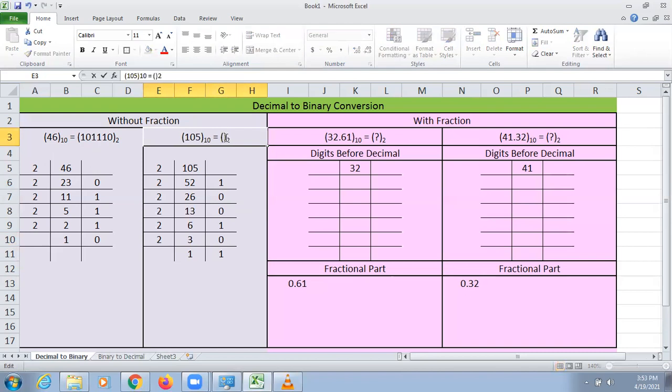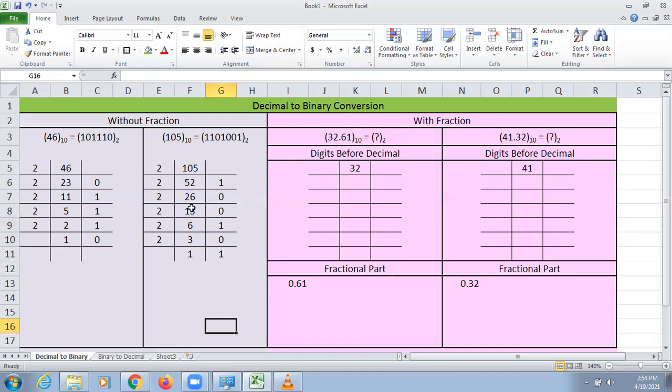So the answer will be 1 1 0 1 0 0 1. This is the binary conversion for 105: 1 1 0 1 0 0 1. In the reverse order we are writing, and we will start from this point. This is how you can convert a normal decimal number into a binary number.